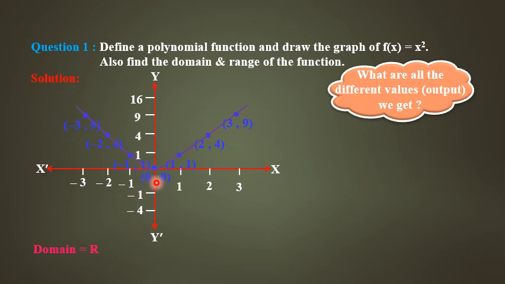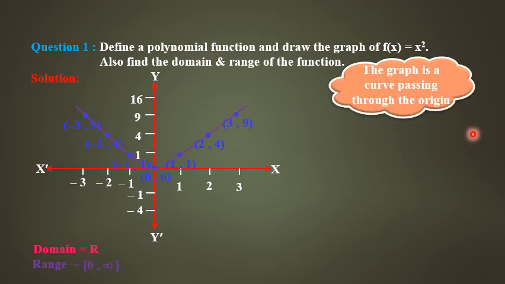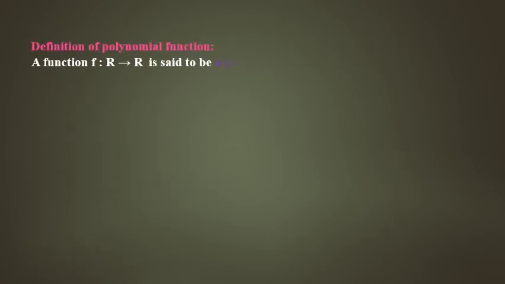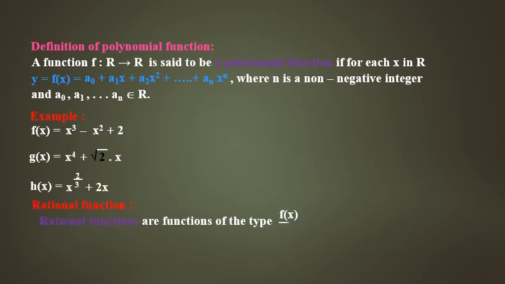If it comes below, then it can take negative values, but there is no chance, it will be only positive. So if the domain is R here, then definitely the range is 0 to infinity, all non-negative real numbers. The graph is a curve passing through the origin, correct? Once again I am showing this.